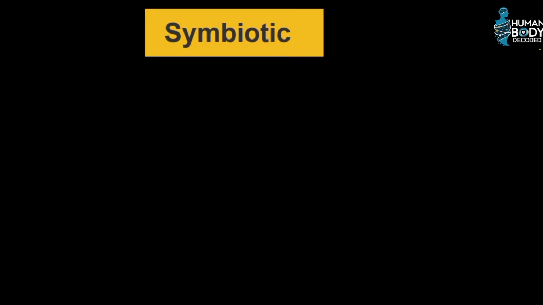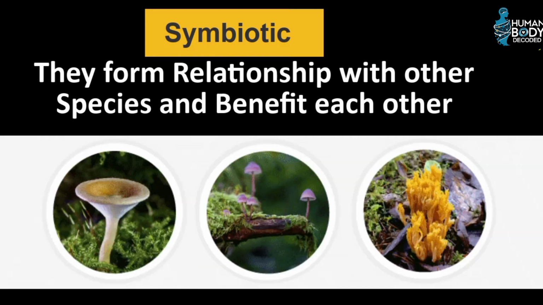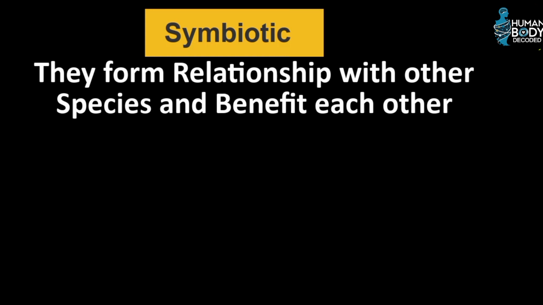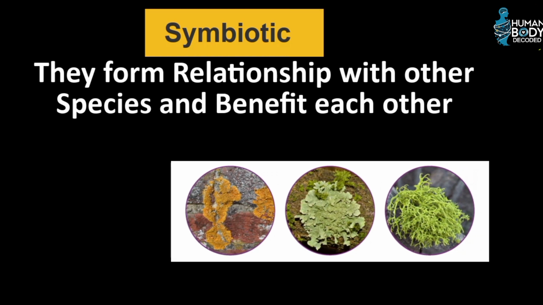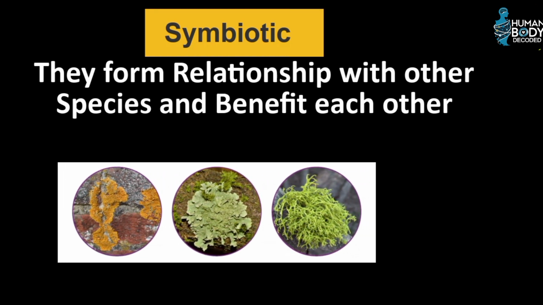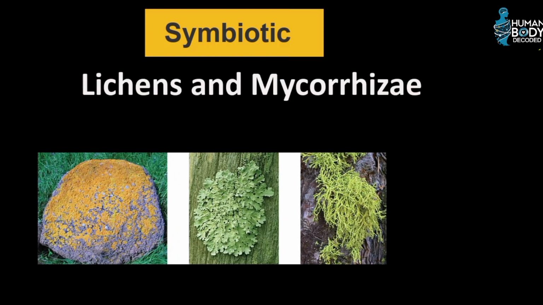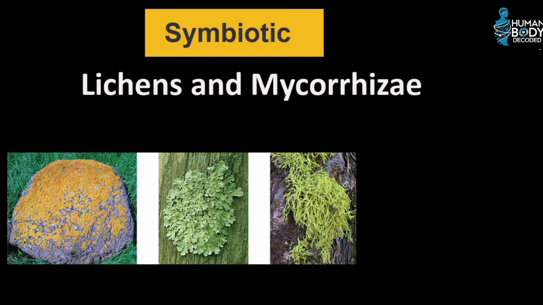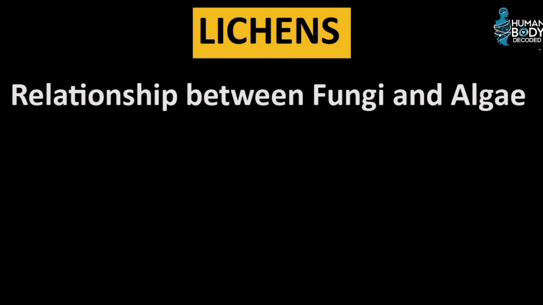The third classification is symbiotic fungi. Symbiotic fungi form relationships with other species, and in these relationships, both the fungi and the other species benefit. An example of a symbiotic relationship is lichens and mycorrhizae. Let me explain these in more detail. The lichen relationship involves fungi and algae.